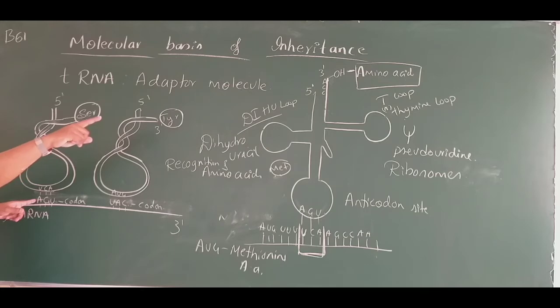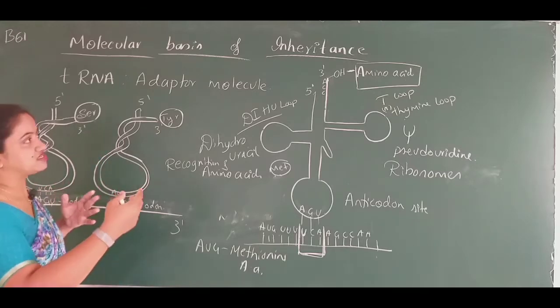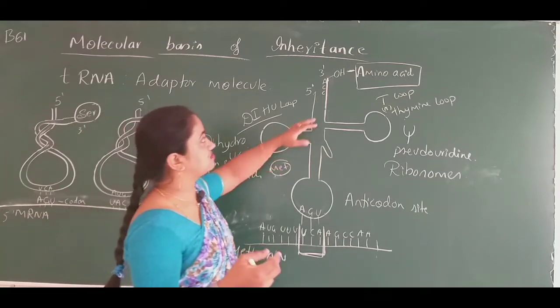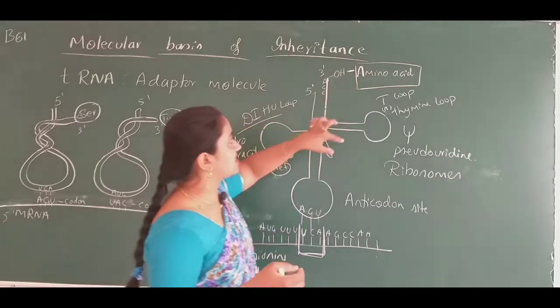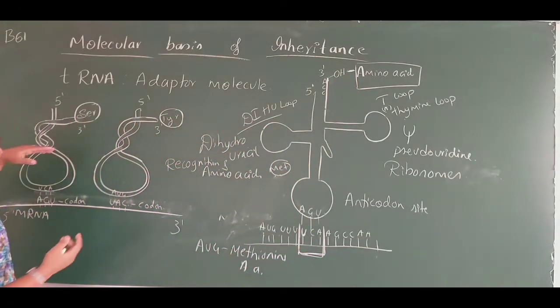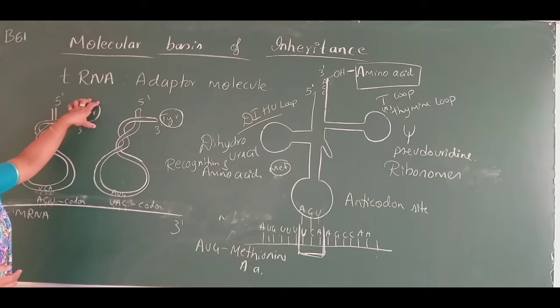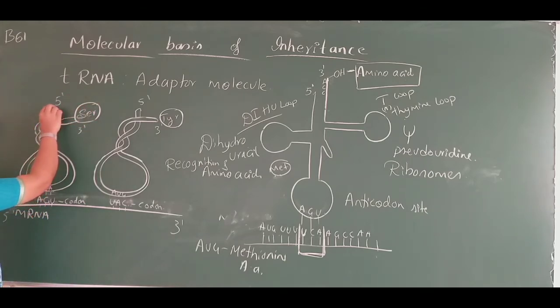Because the 3' end has one OH functional group that brings the amino acid, or vice versa. The activated amino acid comes and attaches to this site, or the tRNA brings the amino acid, however you can understand. So the AGU triplet codon codes for serine amino acid, right? So they have given like this.